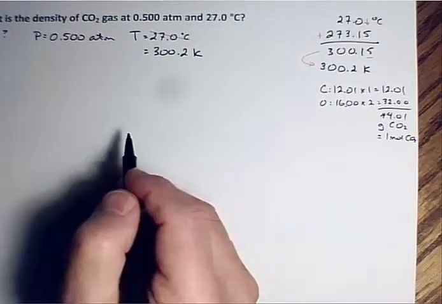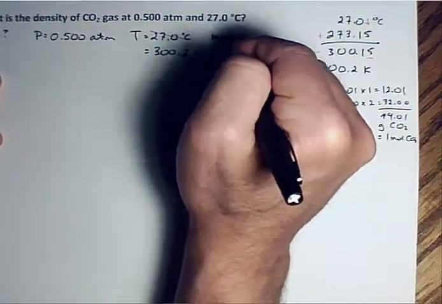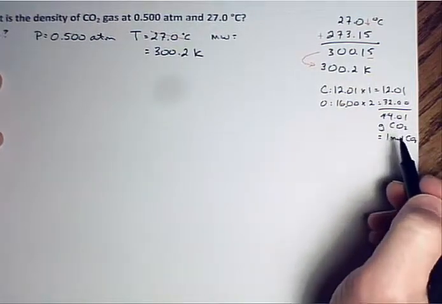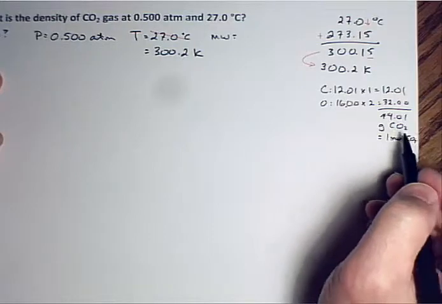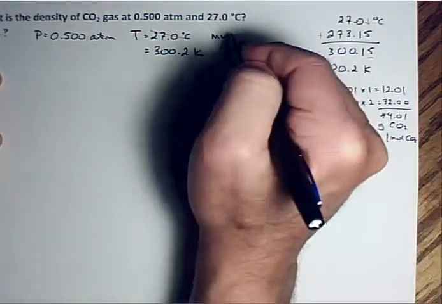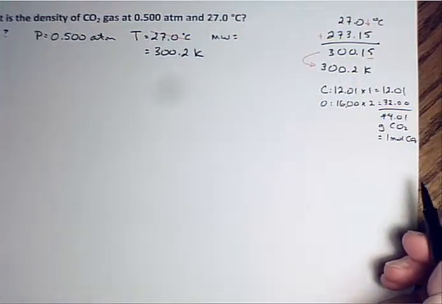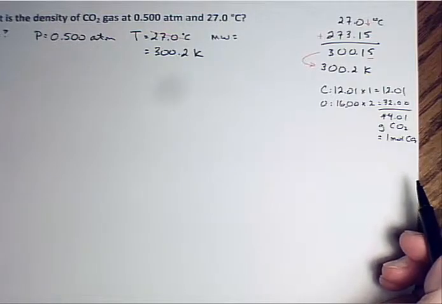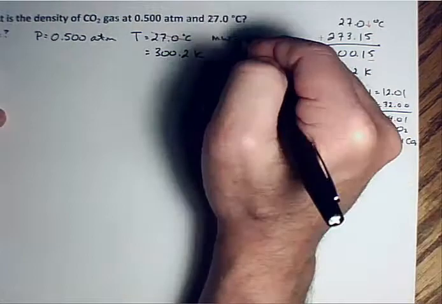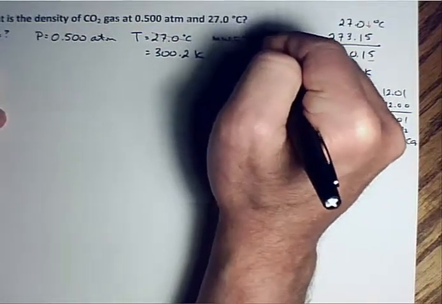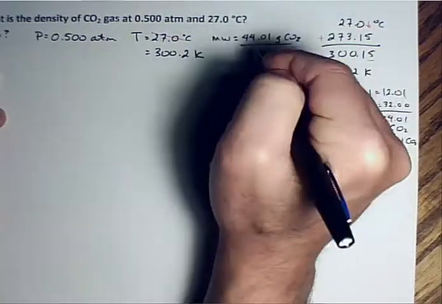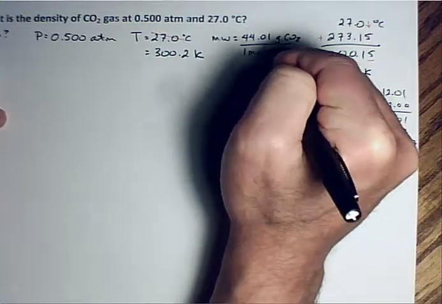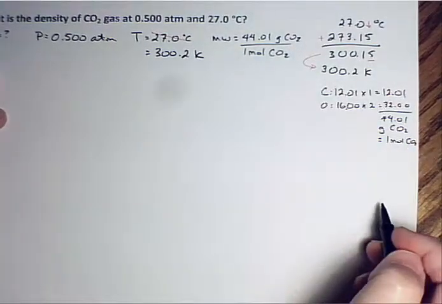Okay? So the molar weight needs to be in a fraction, just like all the other conversion units we've ever done. Okay? You could put the grams over the moles, but what's going to make it easy for us here, if you got into the problem and couldn't cancel, you'd see you need to flip it over. But I would probably go ahead and write it as 44.01 grams of CO2 over 1 mole of CO2. Okay, so there's our molar weight.